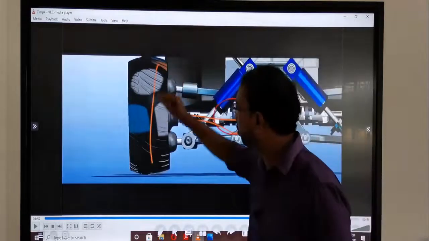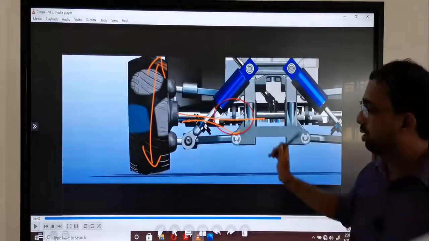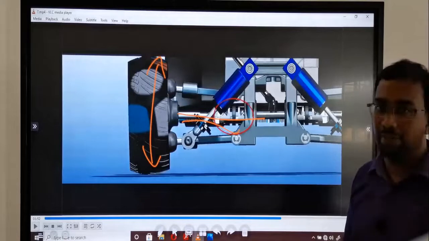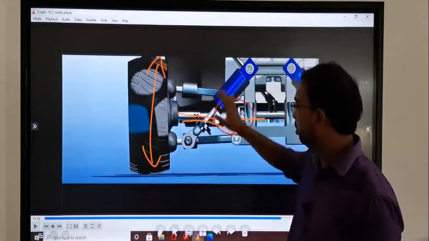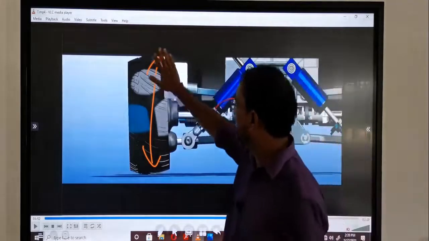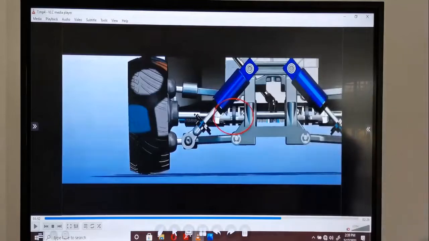So the wheel moves up and down. If the wheel drive were stable, the wheel could not move up and down. So this wheel drive should be flexible. It also has the characteristic to move up and down.